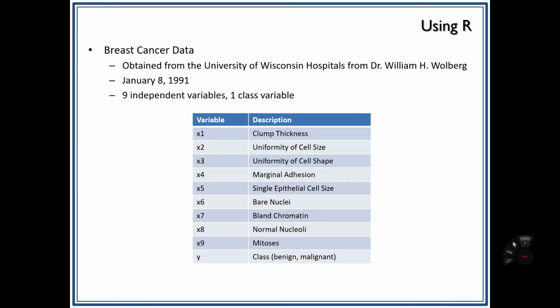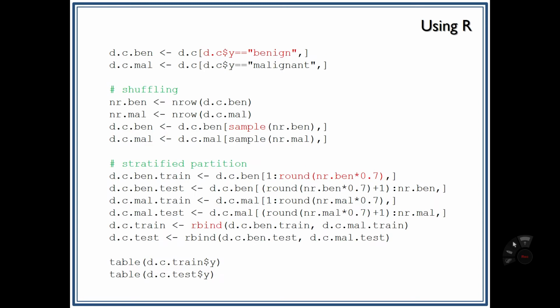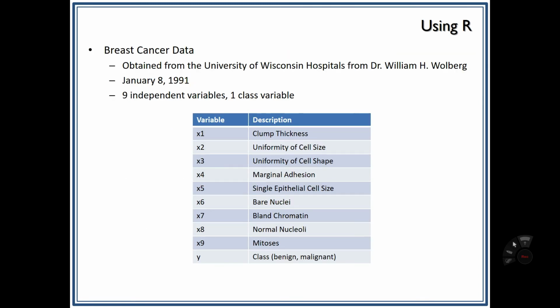So from this slide, it actually explains how we split the data into two parts, training and test. I said that we have to divide the data set randomly, but sometimes the number of observations of class 1 and the number of observations of class 0 could be quite different.